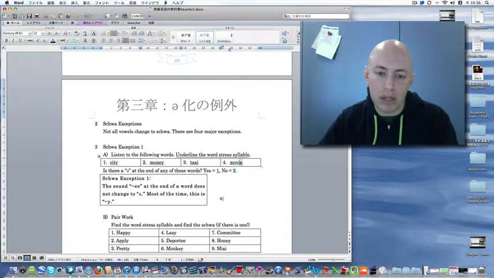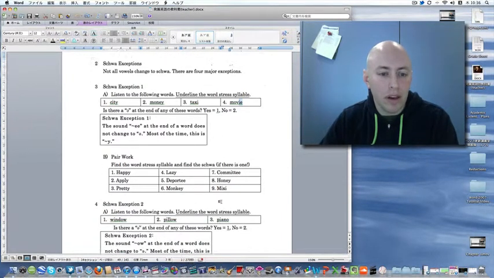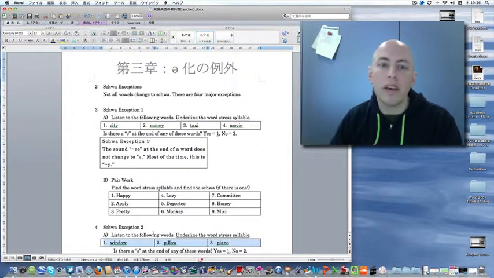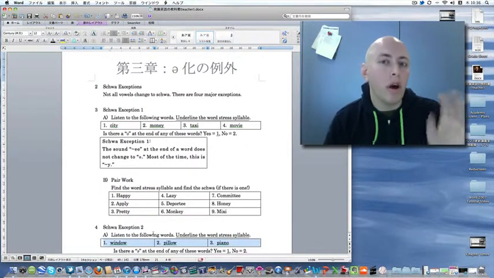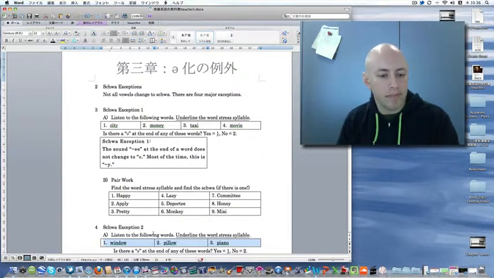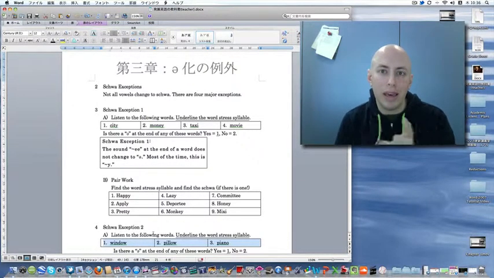That's the first exception. So, go down to schwa exception number 2, and these 3 words will also be part of the exception to the schwa rule. Listen to the words and how many syllables does each one have. Number 1, window. Number 2, pillow. Number 3, piano.